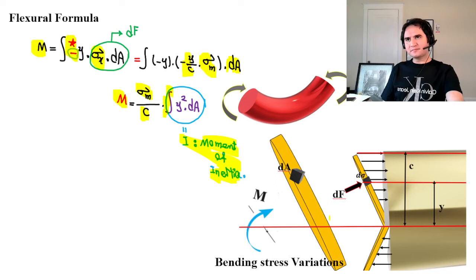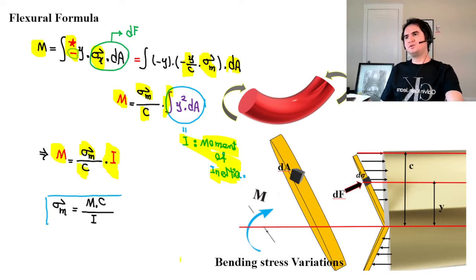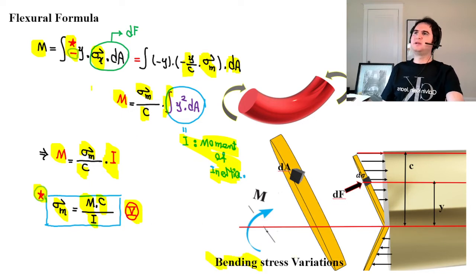If you just replace that in the moment, that's sigma max over c times the moment of inertia. If you rearrange the equation for sigma max, it gives you M times c over I. And that's the maximum stress due to bending.